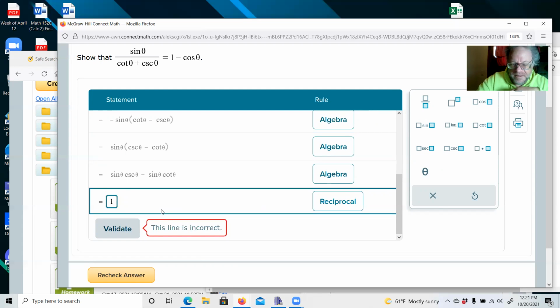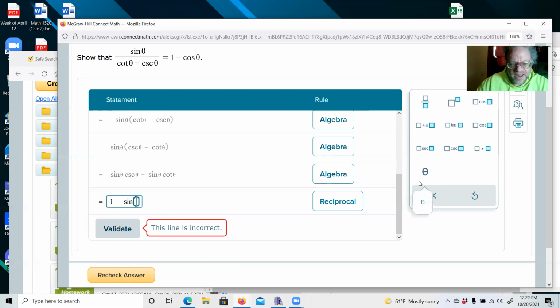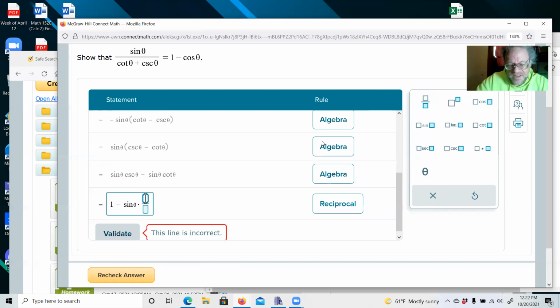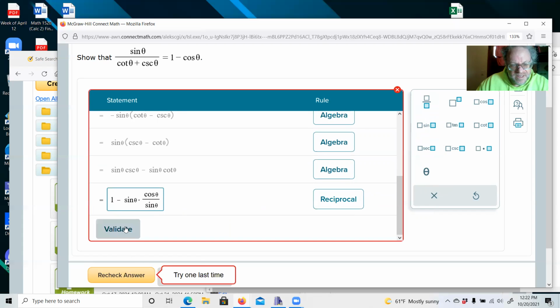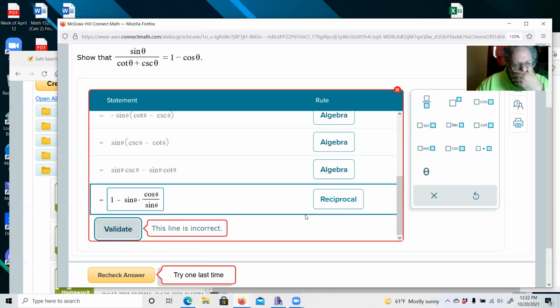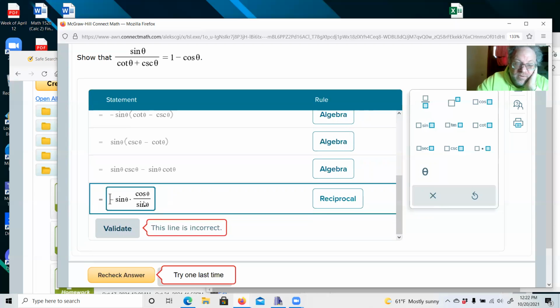Let's see, 1 minus sine theta times parentheses cosine theta over sine theta. Okay. I'm going to run out of attempts here.